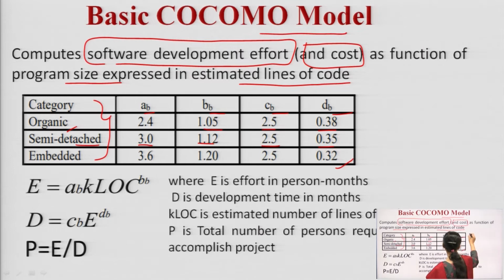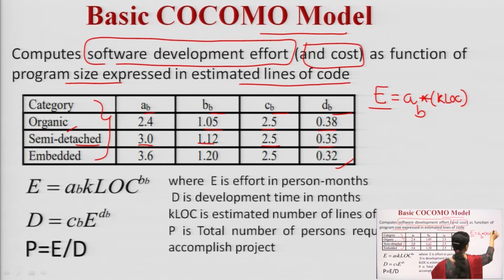I have to calculate E, the effort. This effort is calculated as the product of AB into KLOC, that is the thousands of lines of code, raised to the power of the second coefficient, that is BB. This effort is calculated in person months.